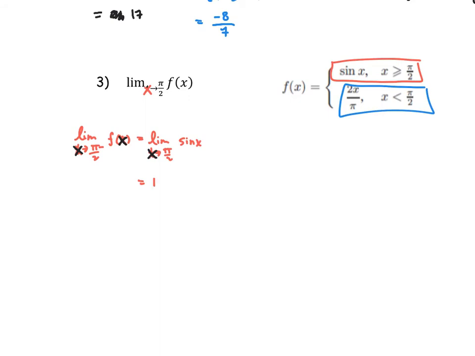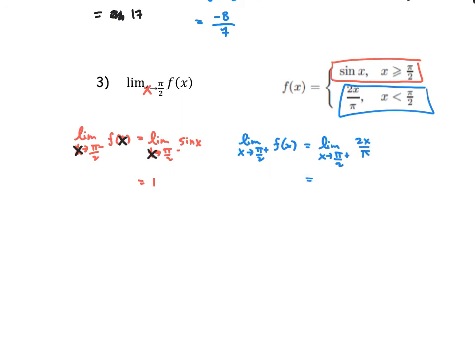So the sine of pi over 2 equals 1. All right, let's work the other side. Limit as x approaches pi over 2 from the right of, not sine of x, f of x would be equal to the limit as x approaches pi over 2 from the right of 2x over pi.